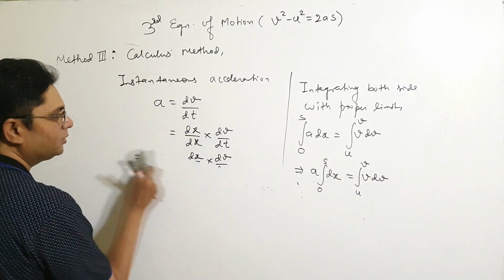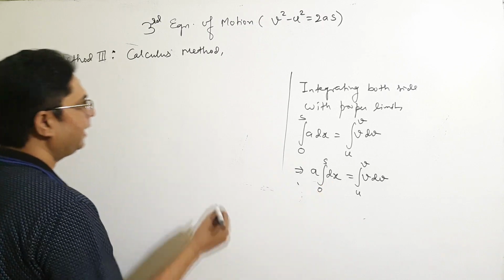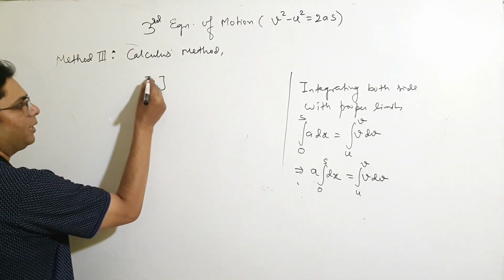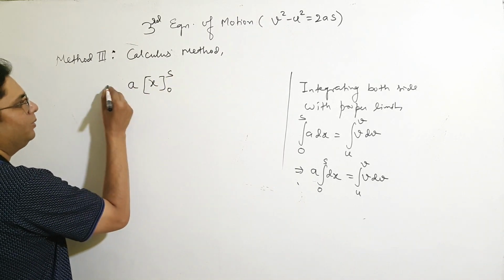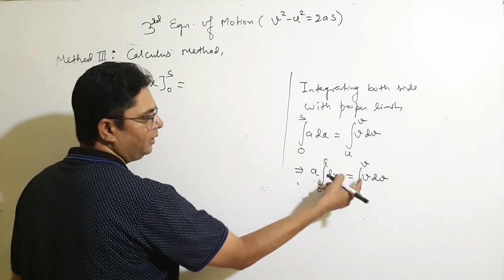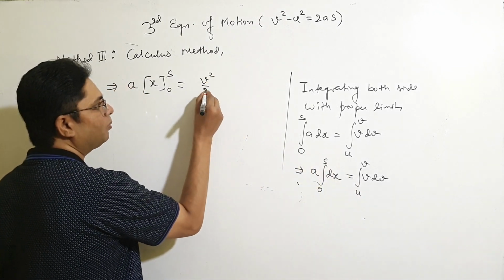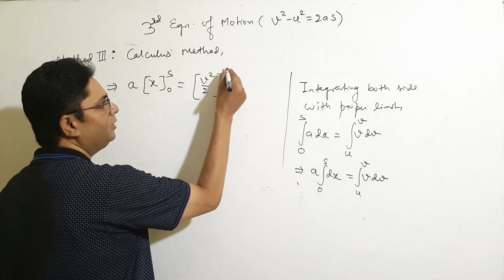Now integrate this. So integration of dx is x. Give a square bracket right here, 0 and s. So lower limit is 0 here, upper limit is s. On the RHS side, integration of v is v square upon 2. Give a bracket right here, u and v.